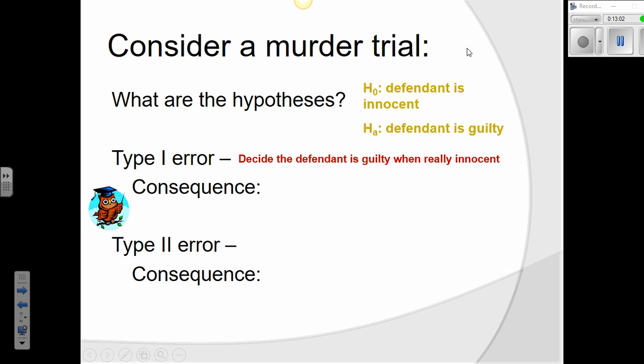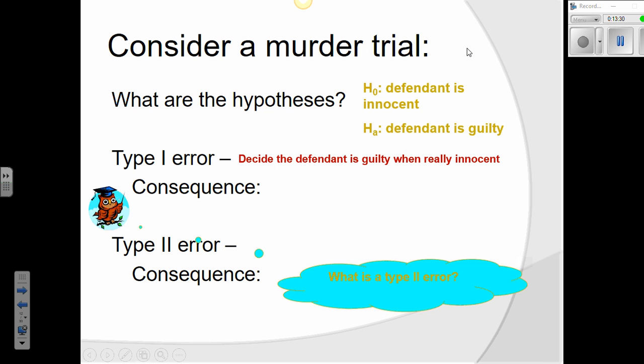So basically, you decide the defendant is guilty when they're really innocent. Is that a good thing if we decide the defendant's guilty when they're really innocent? Probably not. That's sending innocent people to jail. That sucks. Like truth will say, I'd rather one guilty man, or I'd rather 1,000 innocent men be locked up than one guilty man run free.